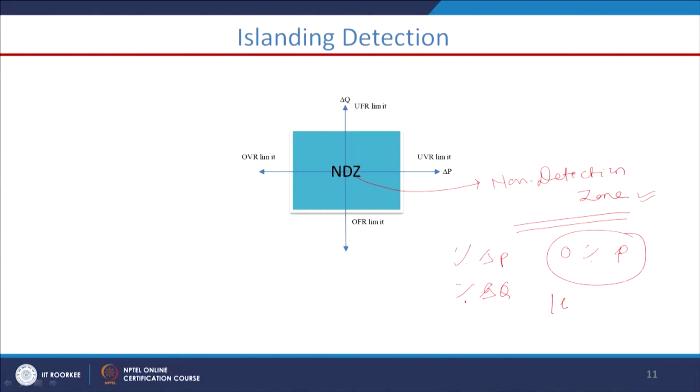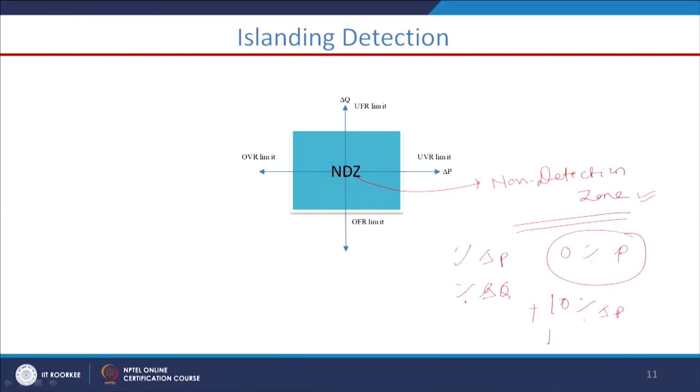If it is, let us say, plus 10% del P, what is the meaning of this? If it is plus and also minus, both cases have certain meaning. If it is plus 10%, that means our P L is greater than P DG. This is very, very important when we develop a detection algorithm to detect the islanding mode of operation of the microgrid.